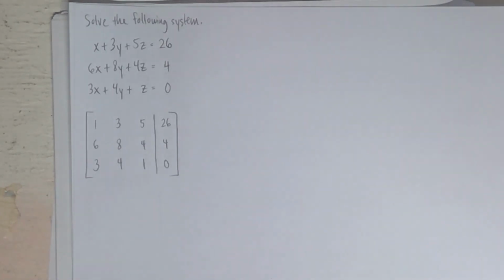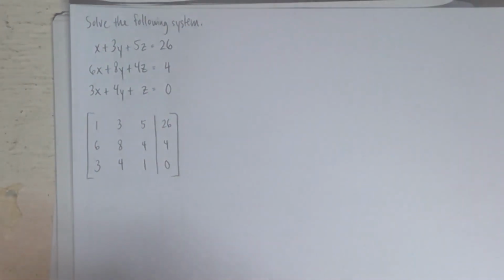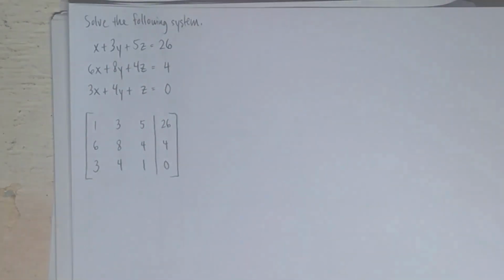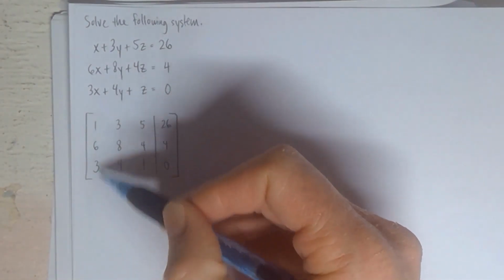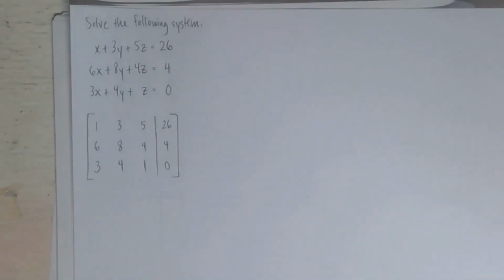And so that would then make this a 0. And I'll explain why it does exactly in a moment. But when we want to make a 0 on a matrix, basically what that means is that we want to cancel out the variable where that 0 is located. So since that 6 is in the x column, that means I want to cancel out the x's right here.